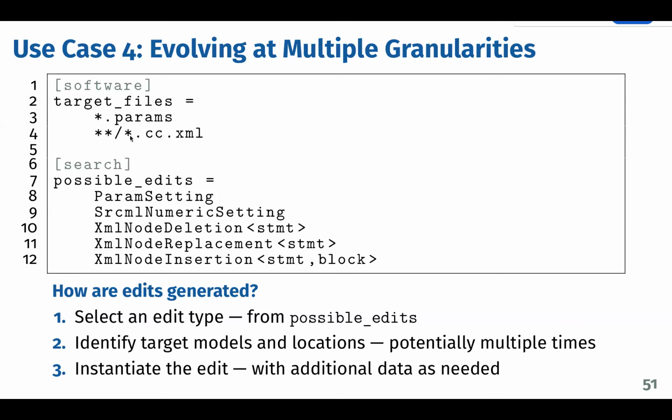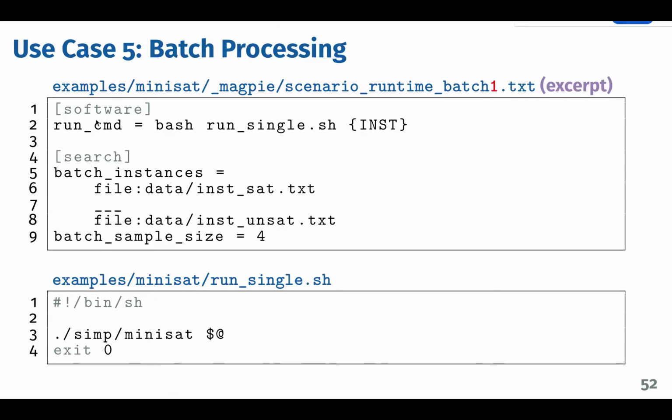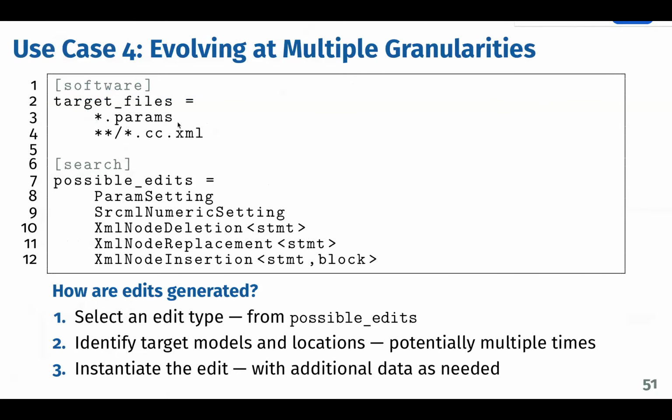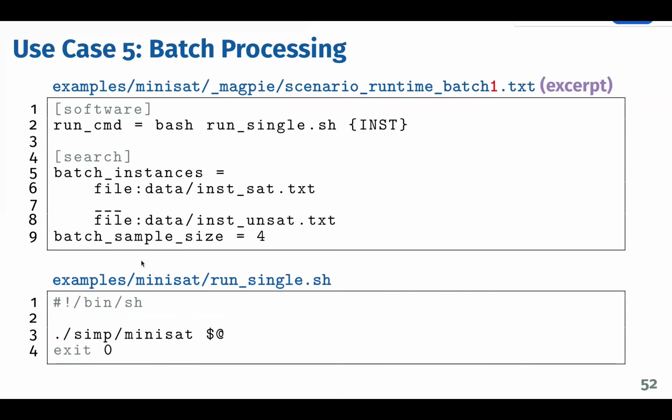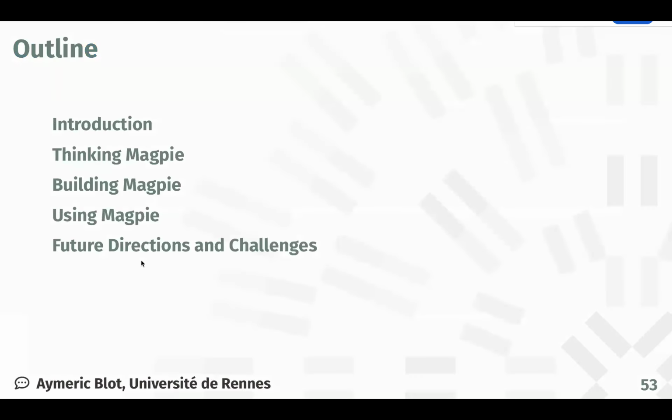So for example, how to evolve every parameter for one. Yeah, I'm done. So you can simply tell it the list of transformations you have, and it will just do things in parallel, and finally batch processing.